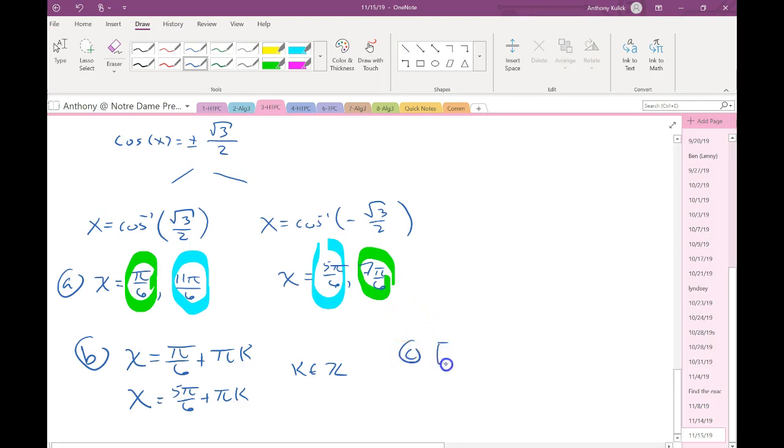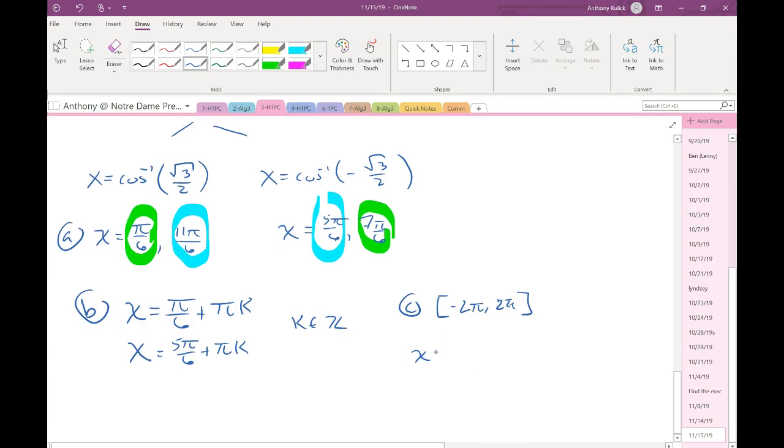For C, we want things between negative pi over 2 and positive pi over 2. So we're going to get all our answers for part A, because 0 to 2 pi is certainly inside of that. And then we need our answers from negative 2 pi to 0.